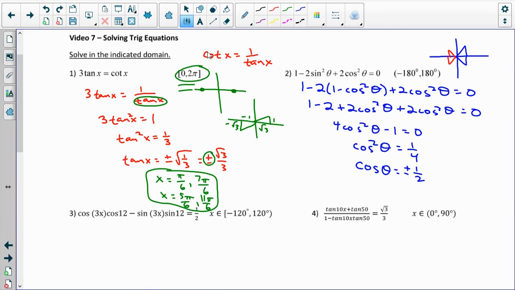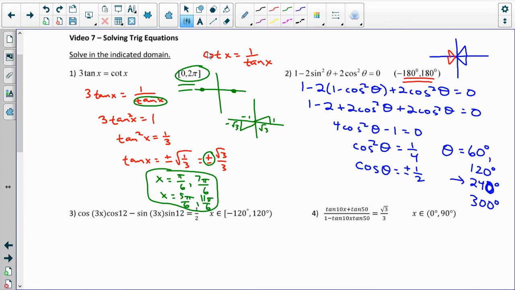So theta is going to be equal to 60 degrees, 120 degrees, 240 degrees, and 300 degrees. Sorry, friends, but notice that I have to be between negative 180 and 180.